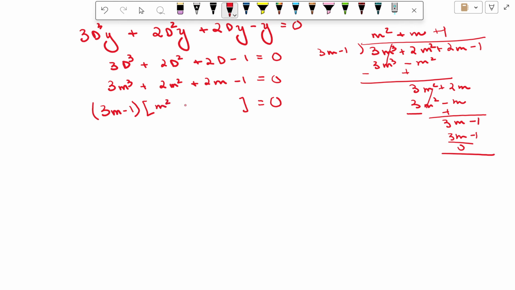So m squared plus m plus 1 is also a factor.